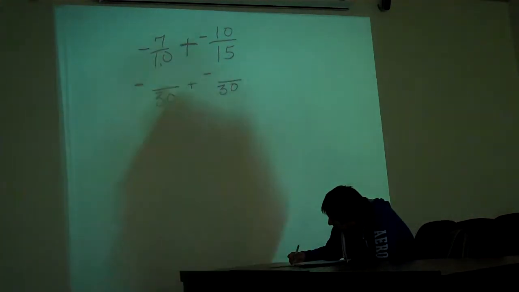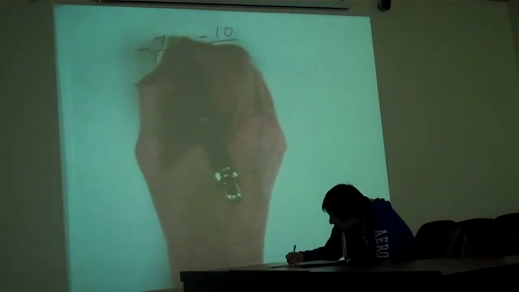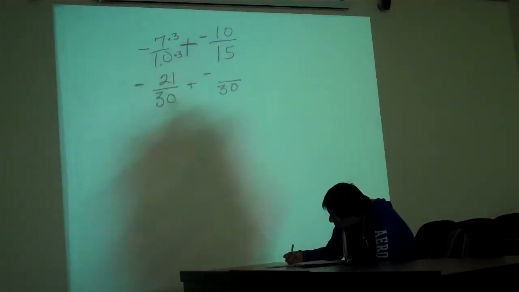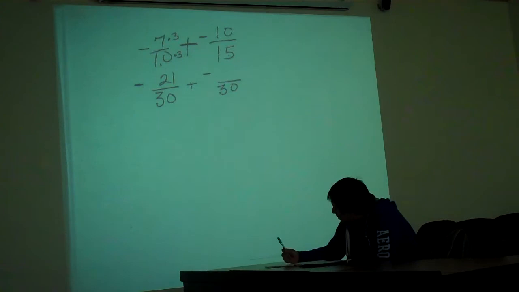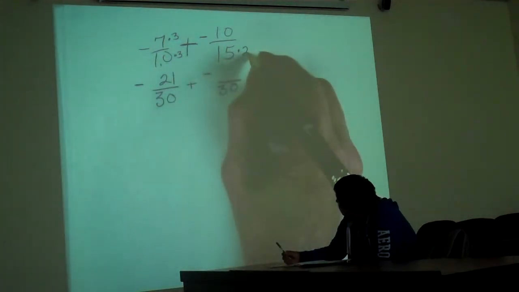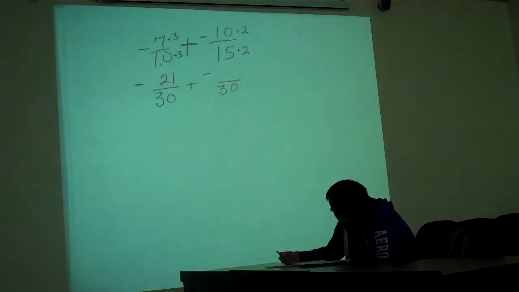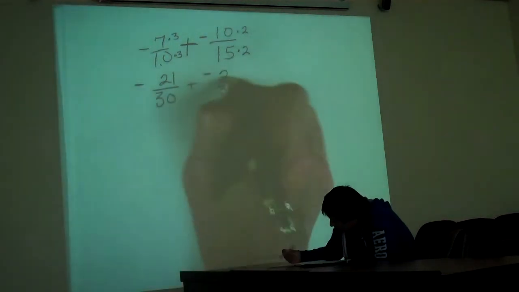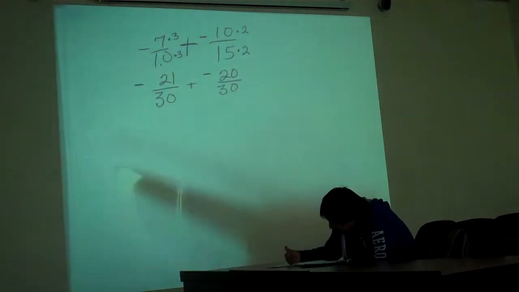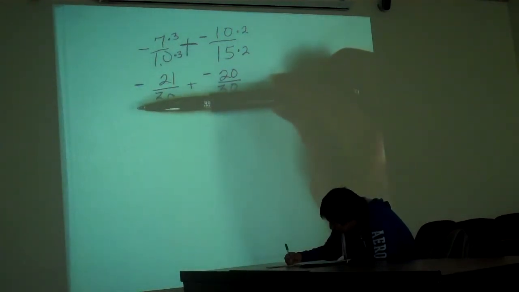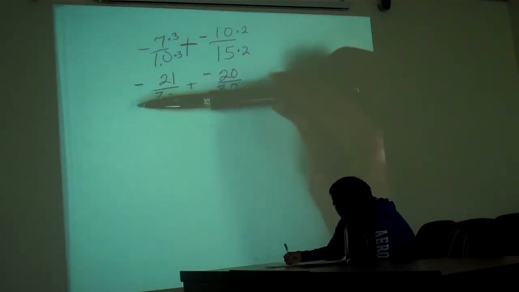Okay, 10 times 3 is 30. 7 times 3 is 21. 15 times what? Times 2 is 30. So the top times 2 gives you 20. Okay, now look at it as if you were just doing negative 21 plus a negative 20. 2 negatives, so what's the sign going to be?